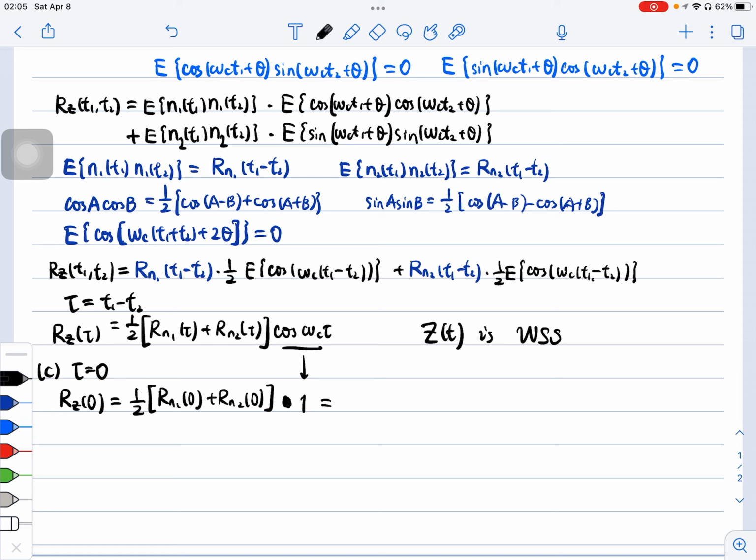And finally, it is just the expectation of N1 squared plus the expectation of N2 squared.